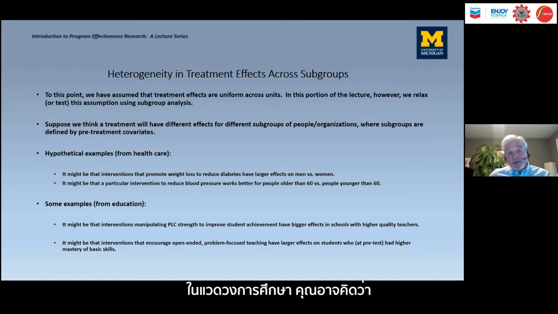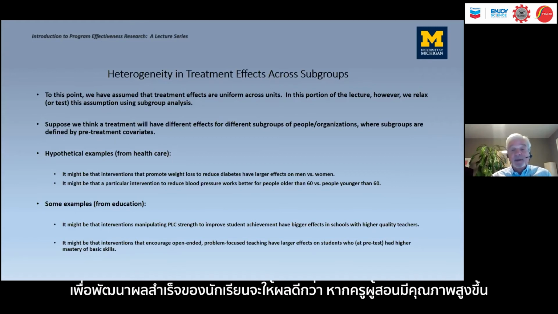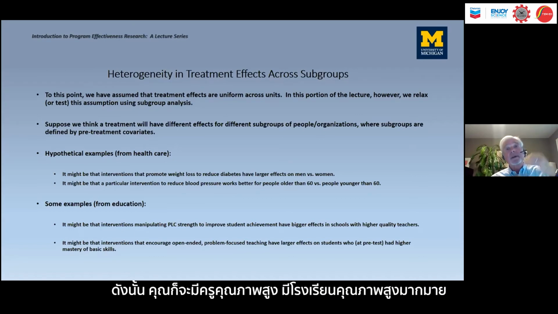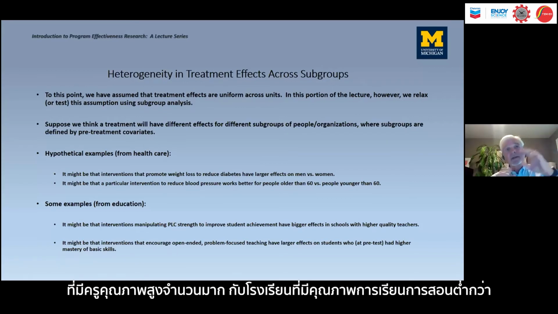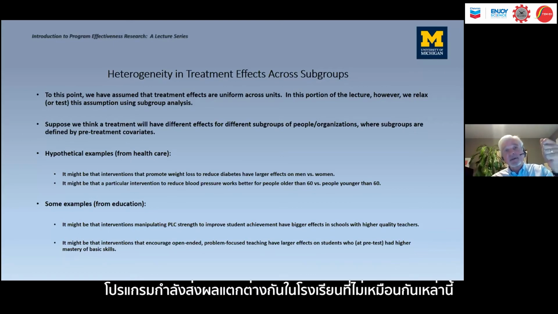In education, you might think that interventions that manipulate PLC strength in order to improve student achievement have better effects if the teachers are higher quality. So you have schools with a lot of high quality teachers, schools with a lower quality of teaching, and you speculate that the intervention is going to have different effects in these different types of schools.